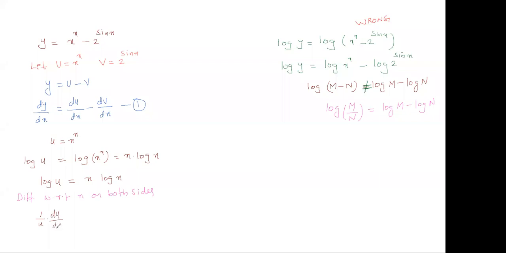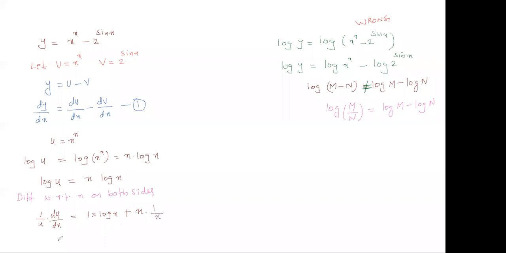So 1 by u du by dx is equal to, on the right side, the product of two functions. Derivative of first, the derivative of x is 1, into second, that is log x, plus first, x, into derivative of second, the derivative of log x is 1 by x.